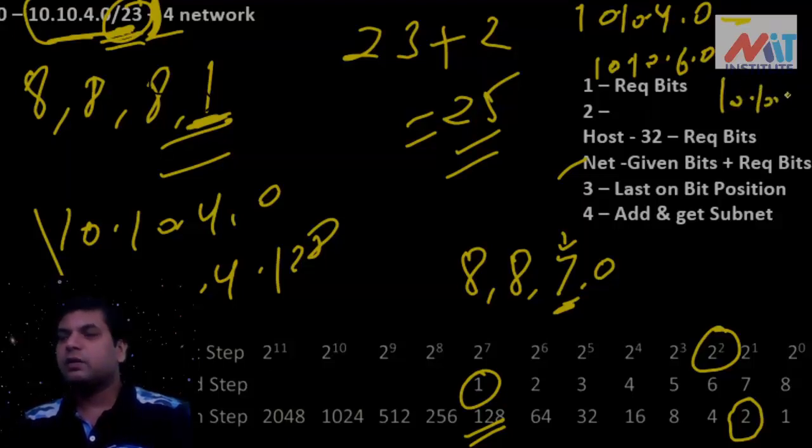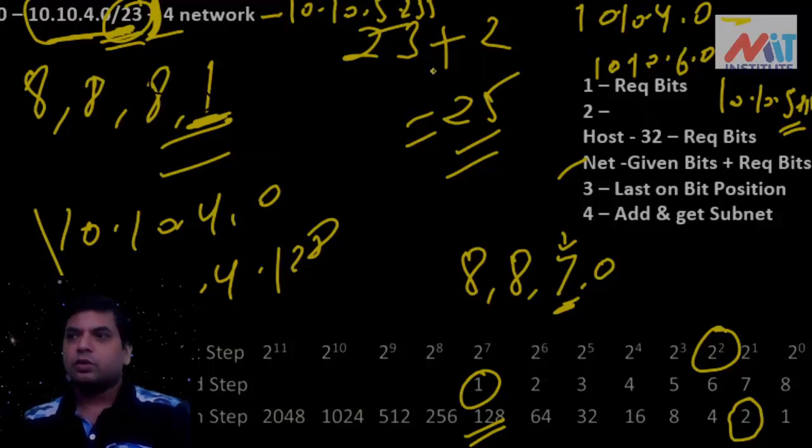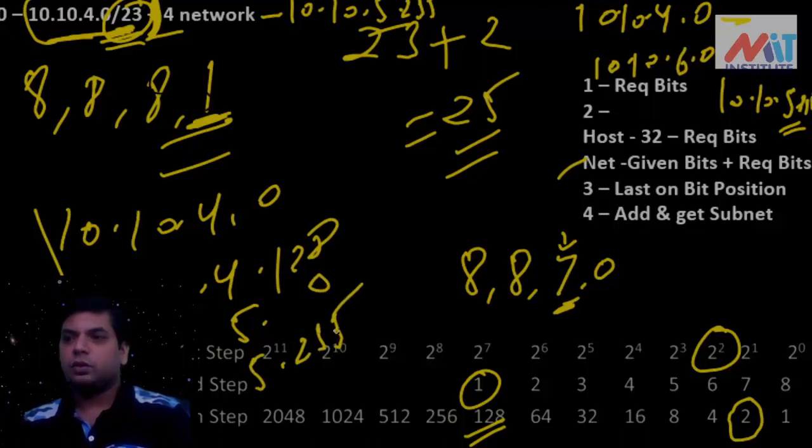10.10.5.255. Your network range is 10.10.4.0 to 10.10.5.255. So here you will get only 4 subnets. 4.128, the next network will be 5.0, and the next network will be 5.128.